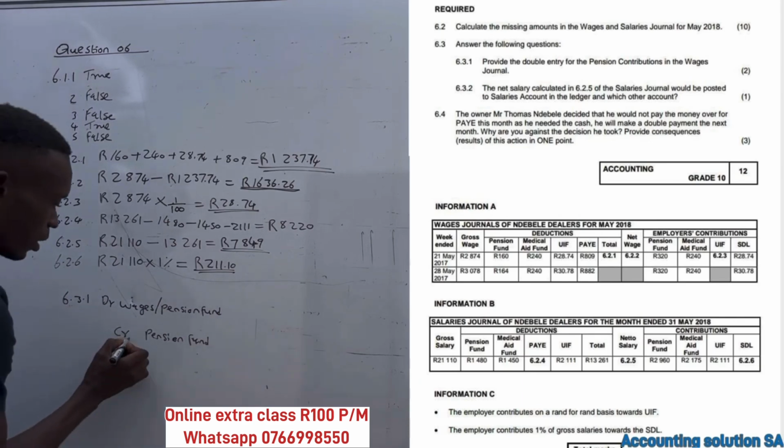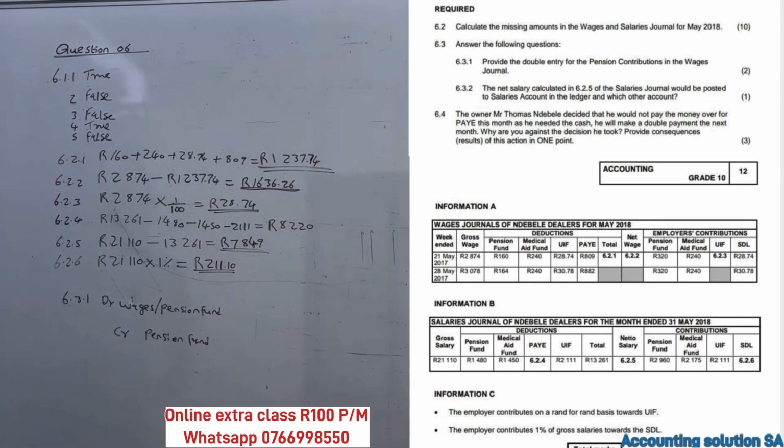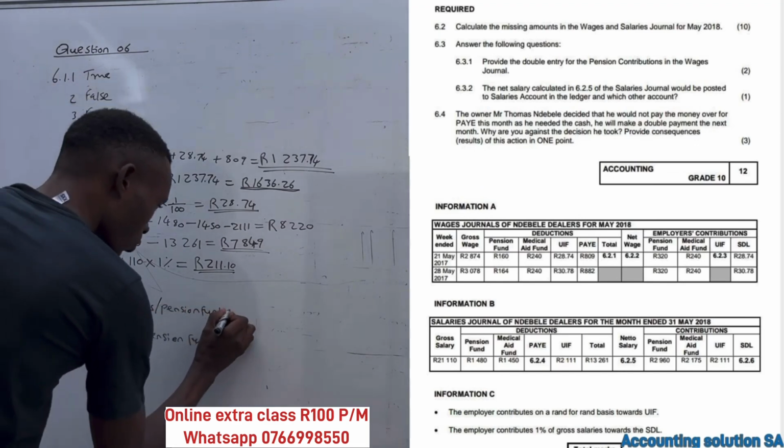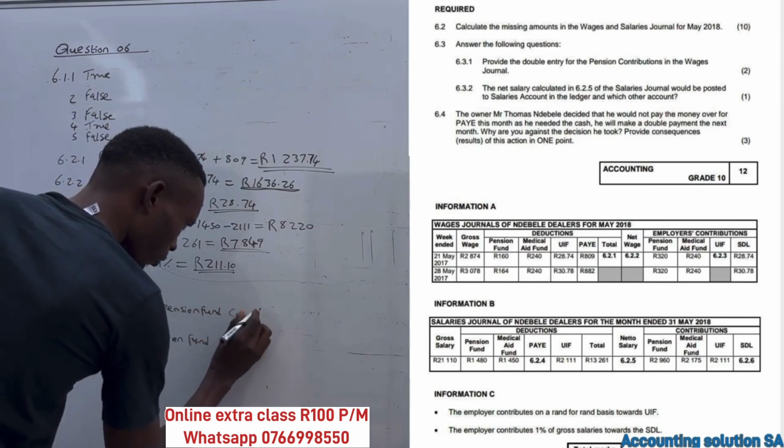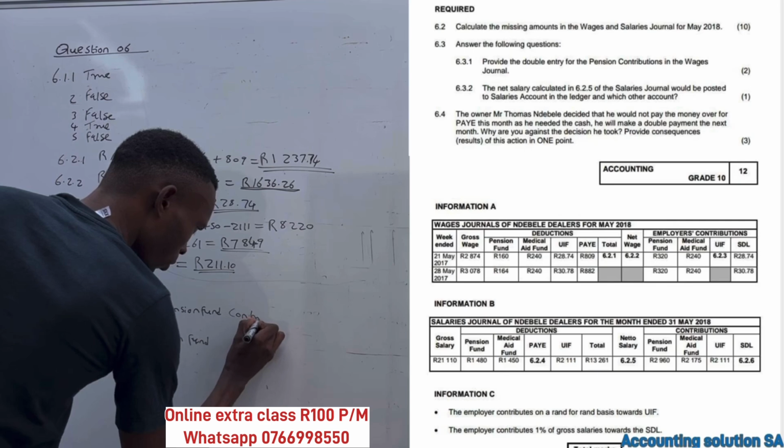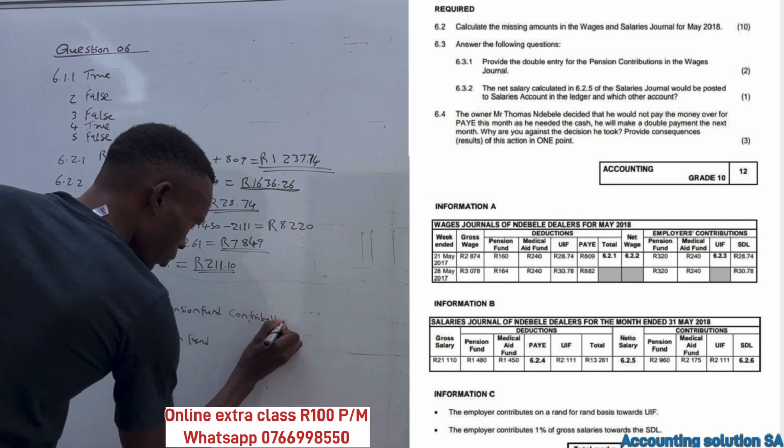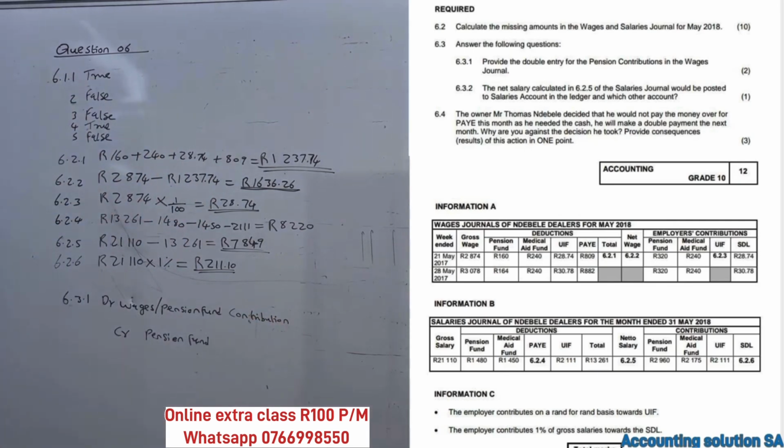This one is a liability because it's going to increase liability, the same knowledge as the accounting equation. So this one is pension fund contribution, and this one you can just call pension fund. That's how you should answer question 6.3.1.